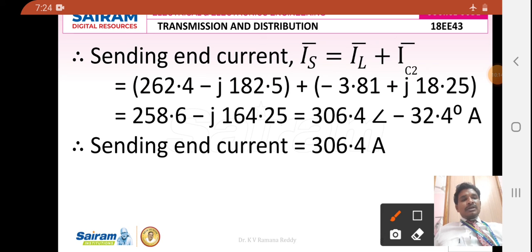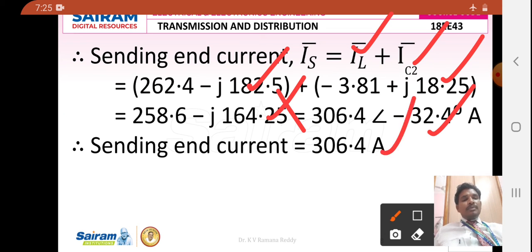Therefore I substitute IL bar, which is 262.4 minus j 182.5, plus IC2 bar, which is minus 3.81 plus j 18.25. After simplification, here we got 258.6 minus j 164.25. That rectangular form value I write again in polar form, that is 306.4 at an angle of minus 32.4 degrees amperes. Therefore the sending end current is 306.4 amperes, which is another answer for the given problem.